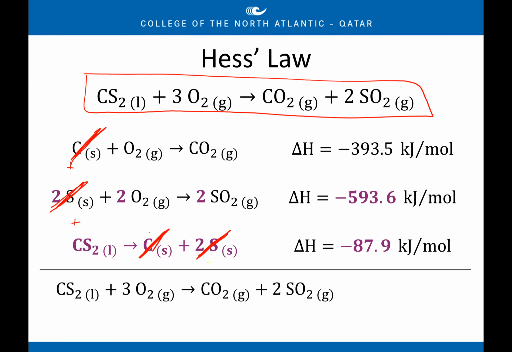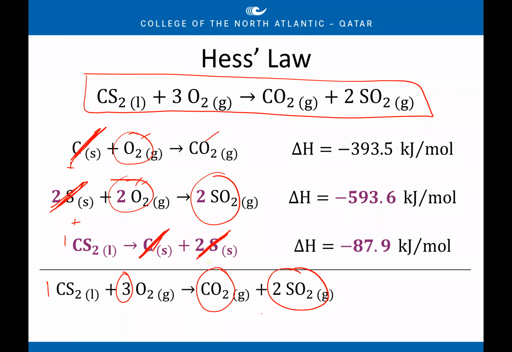So what's left? Well, I have one CS2. I have oxygen 3 times, 1, 2, 3. I have carbon dioxide as a product, and I have 2 SO2 as a reactant.